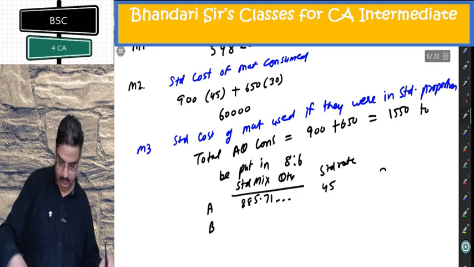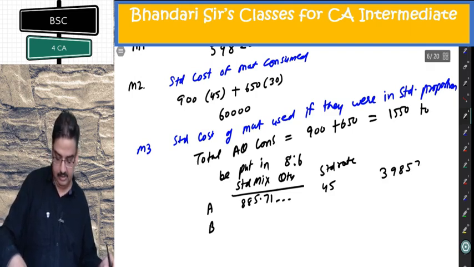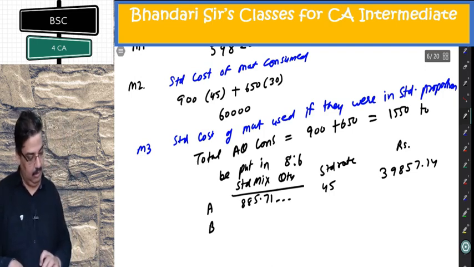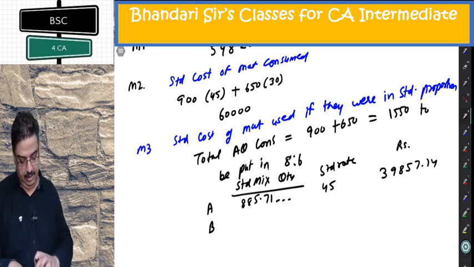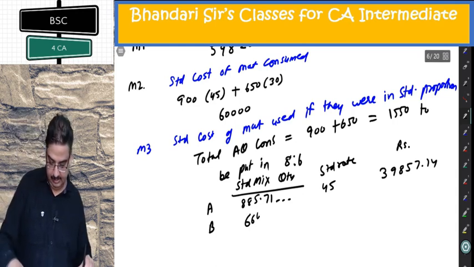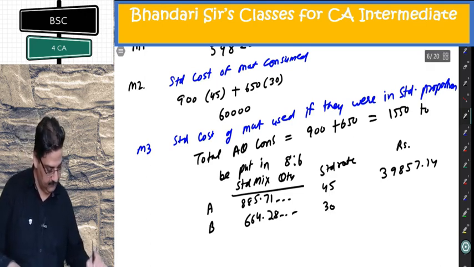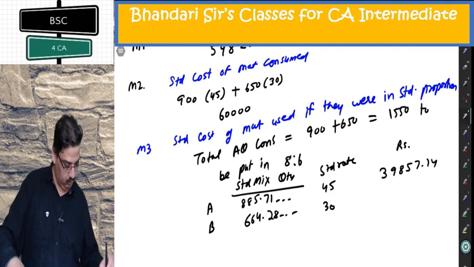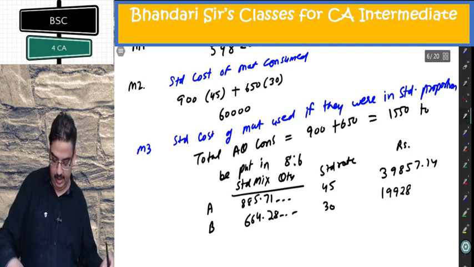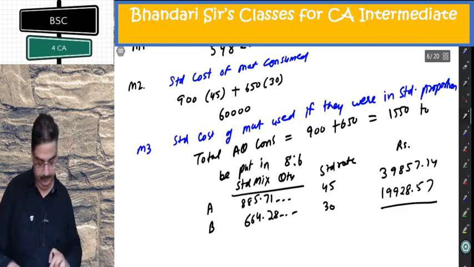What I get? 39857.14 rupees. The second one, 1550 divided by 14 into 6, I get 664.28 to be multiplied with 30 rupees rate. What I am getting is 19928.57.